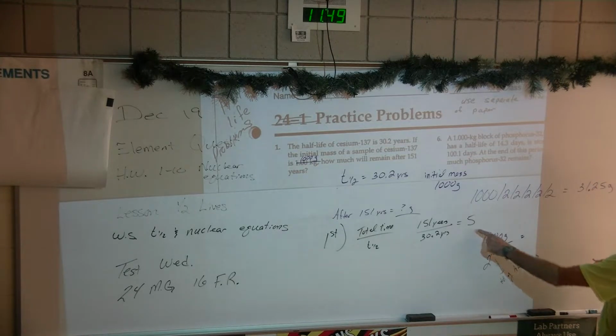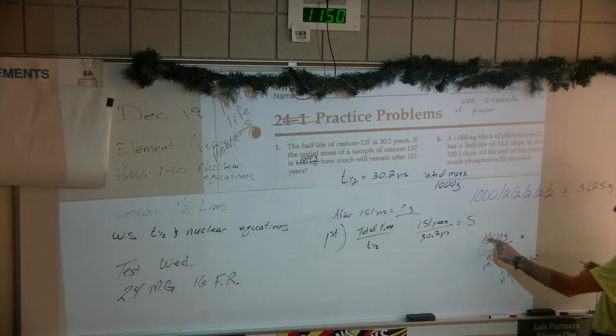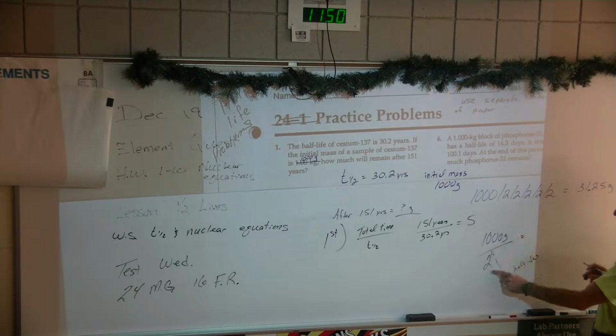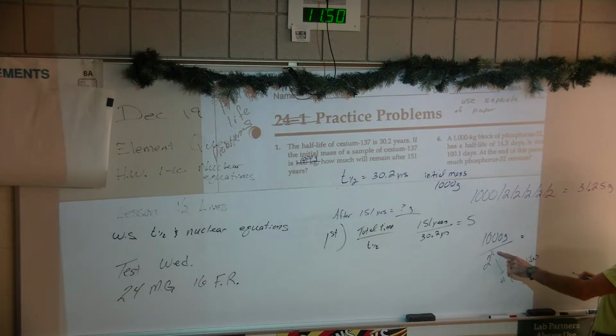So I have 5 half-lives, right? So this is 1,000 divided by 2 to the 5th power. And you're going to get the same answer as 31.25.